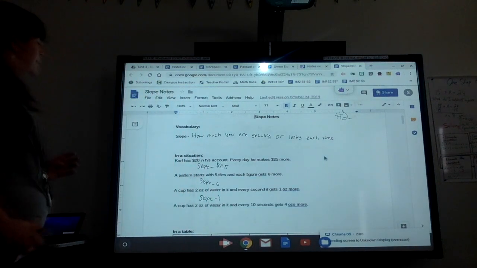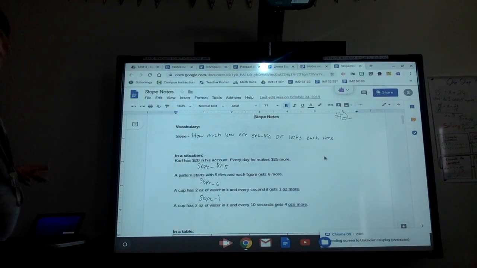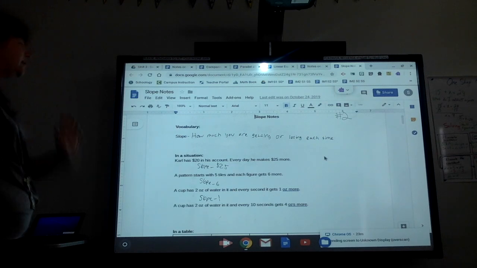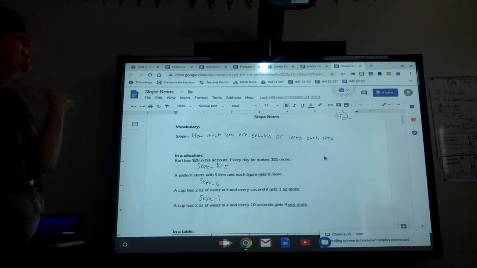However, this one's tricky, because it says the cup has 2 ounces of water in it, but every 10 seconds it gets 4 ounces more. So here's the thing, slope is about how much you're getting each 1 second, or each 1 time, each 1 day, each 1 figure, not after 10 seconds.